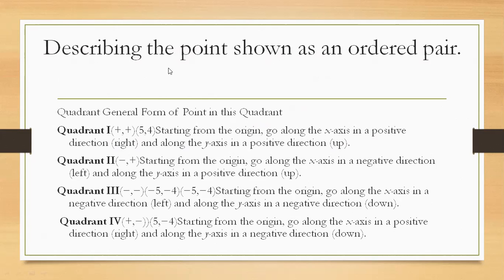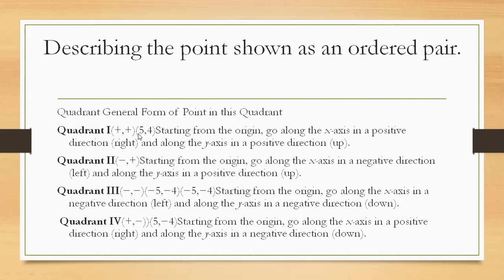Look, describing the points, shown as ordered pairs. How to describe? Look here. The general form of the point in each quadrant. As I told, first quadrant, second quadrant, third quadrant, fourth quadrant. If both are positive, then that coordinate will lie in the first quadrant.